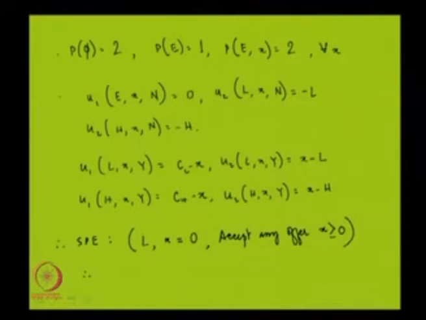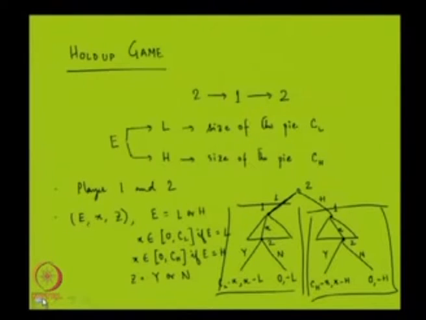And the equilibrium payoffs of these two players are CL and, sorry, not 0, minus L. So here we are reaching this and this and this, where x is equal to 0. If I put x is equal to 0, it becomes CL comma minus L.